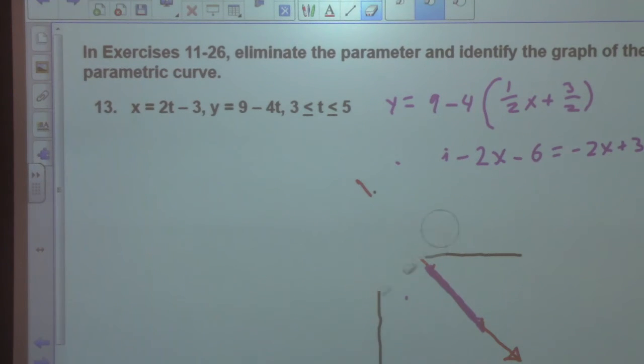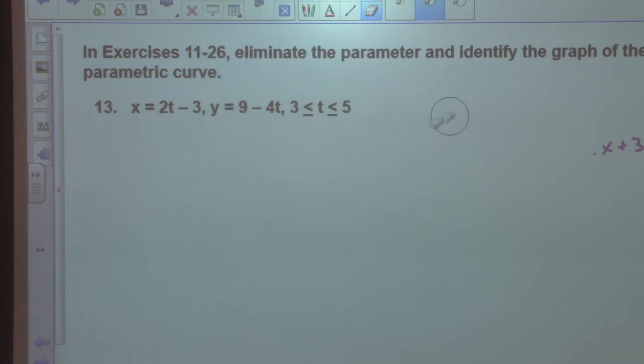Now here, what they have on number 13 is a domain restriction. Let's show you what Kayla's asking me.